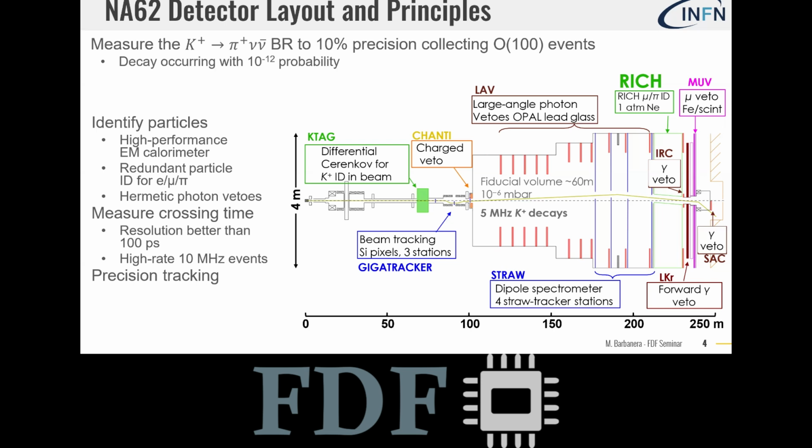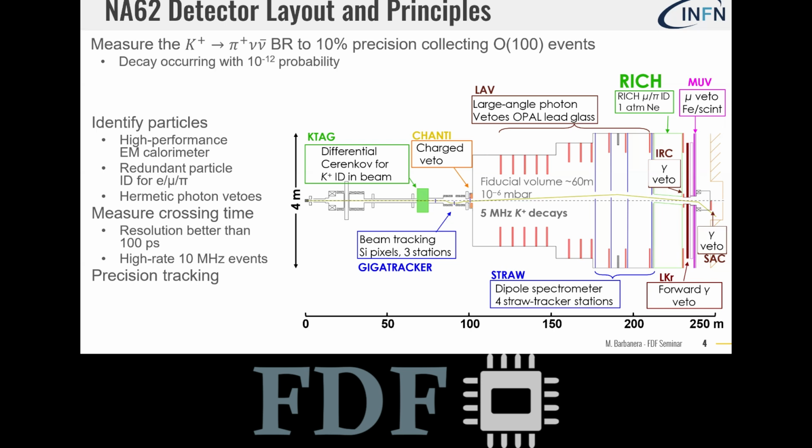Most of the detectors can detect particles in specific ranges or in a redundant way. They have to measure the crossing time in the detector, with a resolution better than 100 picoseconds. And NA62 has to track the particles from the impact point itself up to the endpoint.